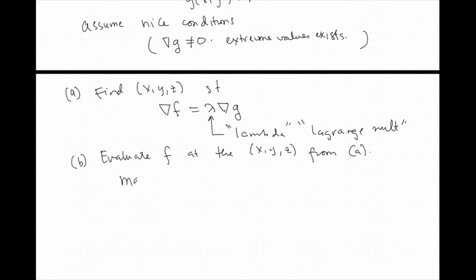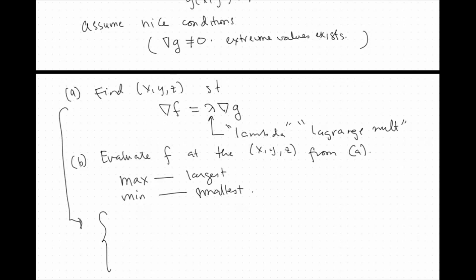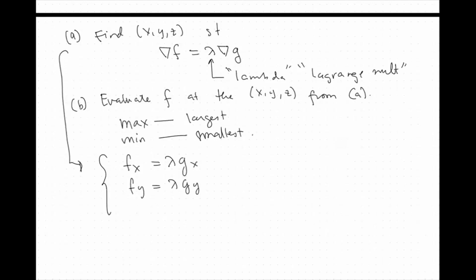The maximum is the largest, and the minimum is, of course, the smallest function value. From this step, you get a system of equations. Here we have f_x equals lambda g_x, then f_y equals lambda g_y, then f_z equals lambda g_z. But sometimes we just have two variables.